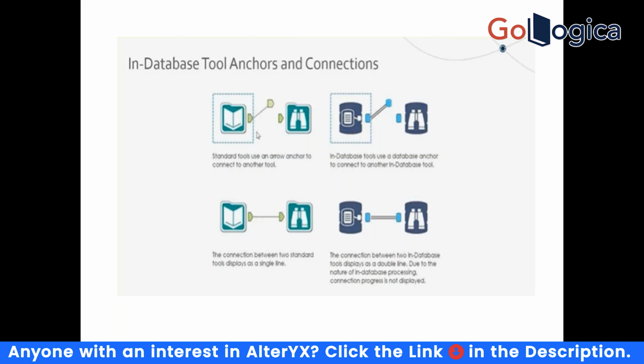I showed you that normal tools have a green anchor and a single line, whereas in the database the anchors are blue, and the connection is double. So why is the connection double?